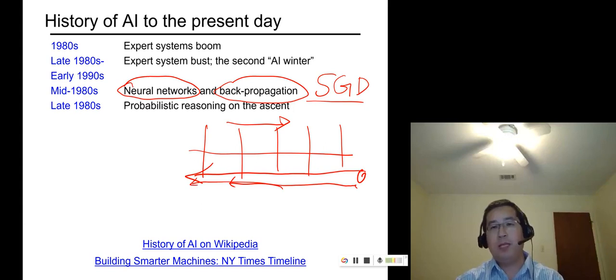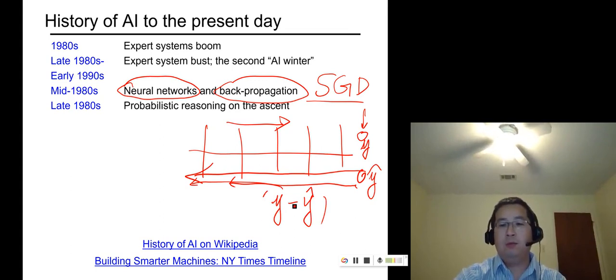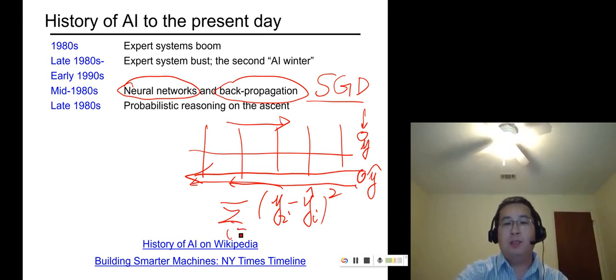So we back propagate the error from the last layer to the first layer. During training, what we want to have is y, but what we have is y hat, the estimation. So you know the error between these two, right? If you have multiple samples, you sum all of them together. This is your error.